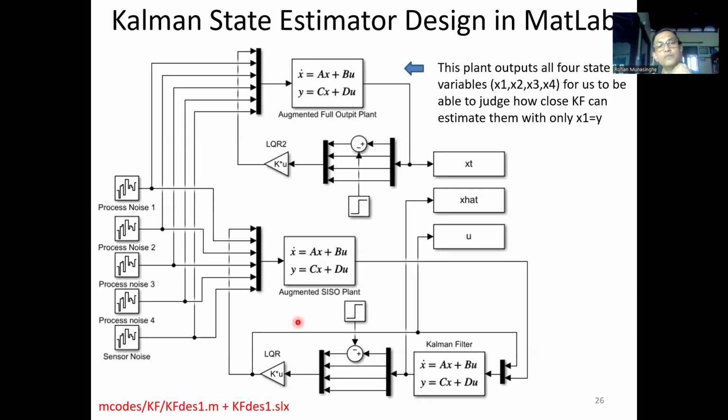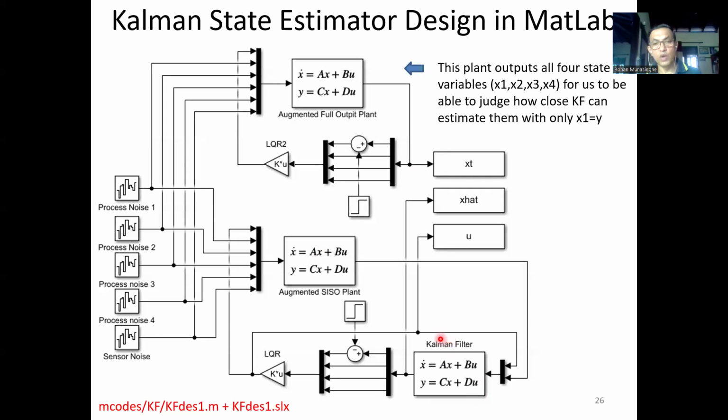At the same time, you have another LQR without the Kalman filter. So you get the augmented full output plant. Sorry, this is the idealistic or theoretical part. You have this plant built in the Simulink. It produces the 4 states, full feedback.